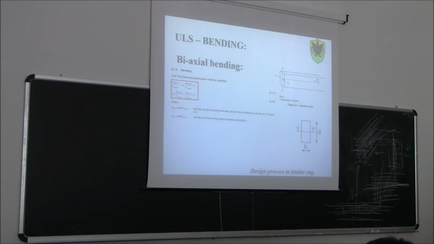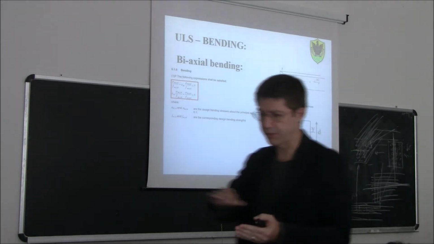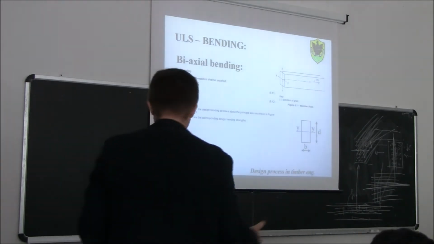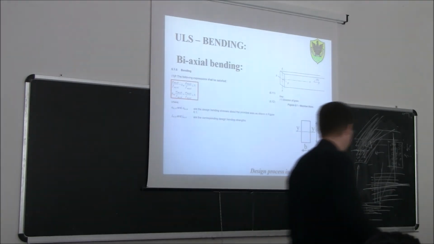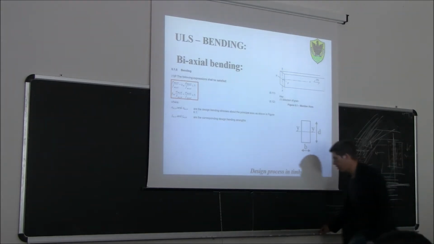And then you may have what we call biaxial bending. Biaxial bending is quite often the case in timber design because, particularly when we design a roof, if you have an inclined roof, of course the purlins are arranged in this way.